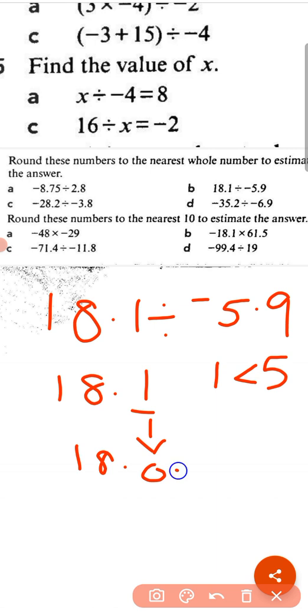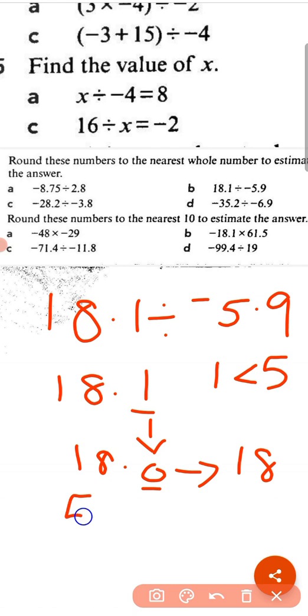So 18.0 becomes 18, because this 0 is valueless. If the digit in the 10th place is less than 5, that means 0, 1, 2, 3, 4, you should replace the 10th place by 0 and write the remaining digits. So 1 becomes 0 and write 18. So 18.0 which is equal to 18.